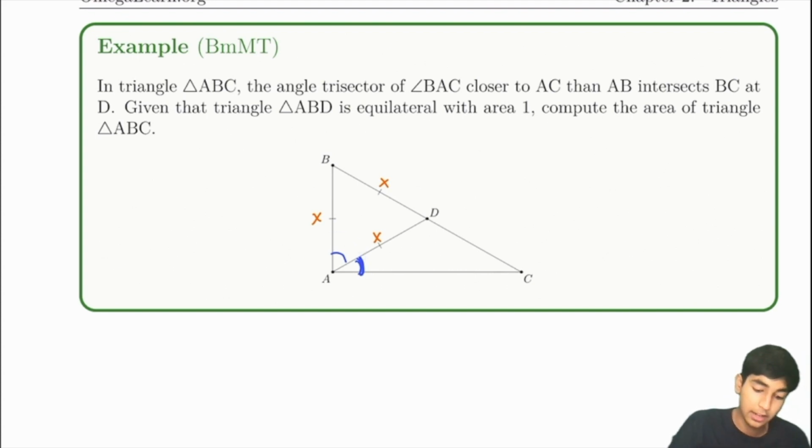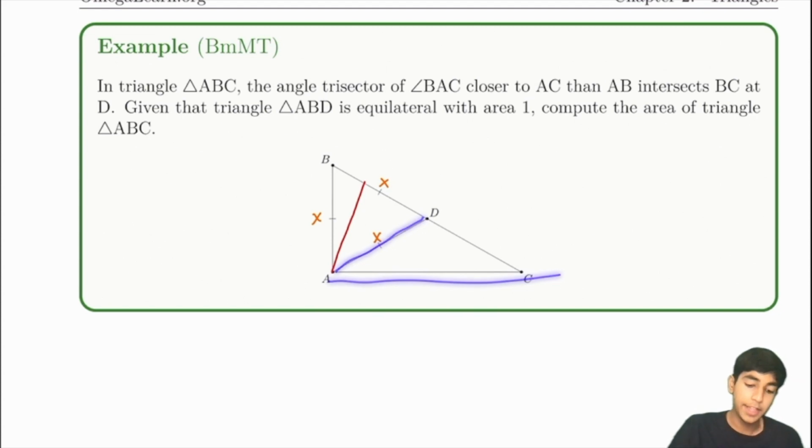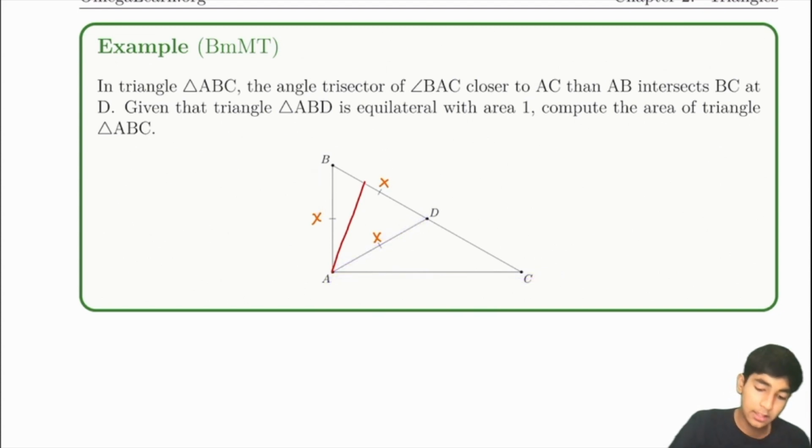And the reason we know it's not the opposite is because it says over here that it is closer to AC than AB. There are actually going to be two angle trisectors that trisect the angle into three parts, but this one, as you can see, is closer to AC than AB, so it's the one we're going to be considering, not the red one.